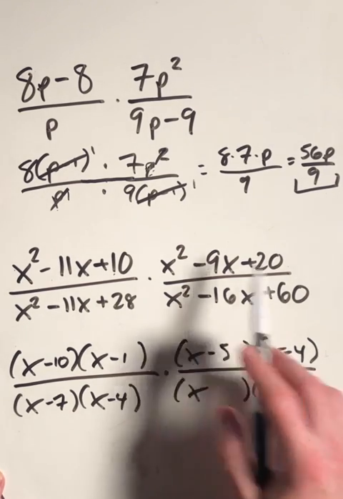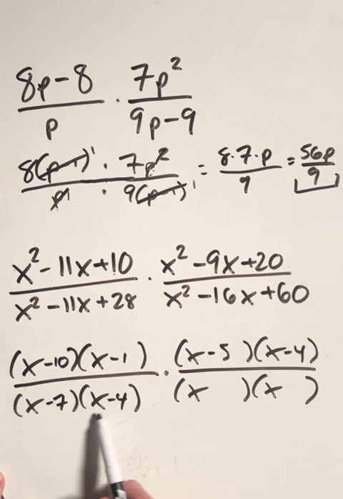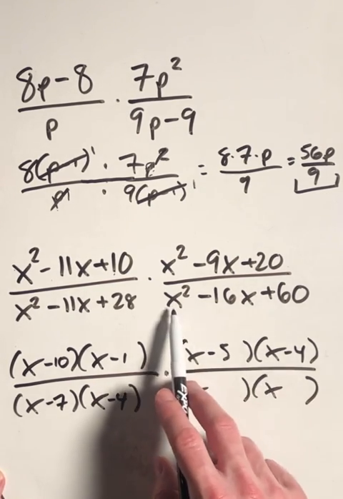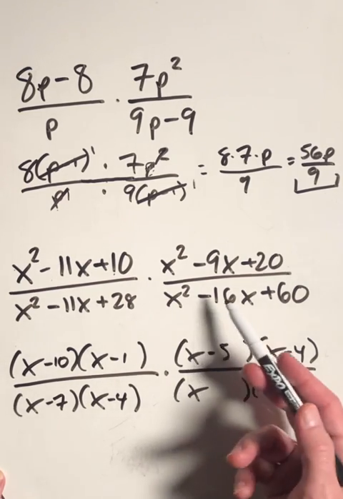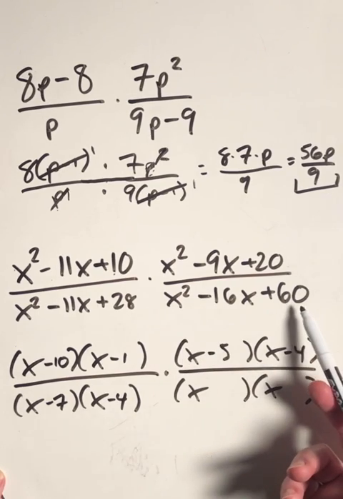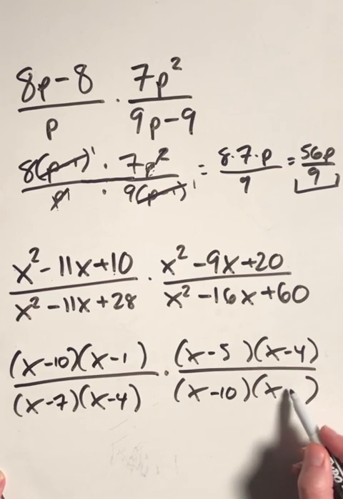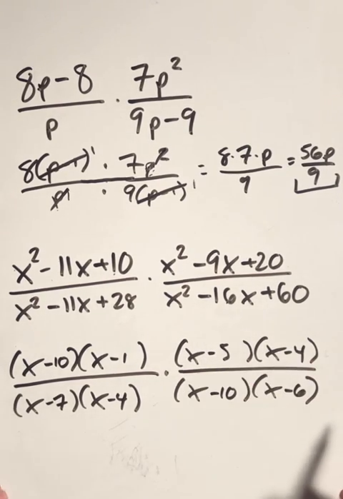Negative 5 plus negative 4 is negative 9. And I can see that the x minus 4 and this x minus 4 over here are going to eventually cancel. Down here, two numbers that multiply to 1 times 60 and add to negative 16. So 10 times 6 is 60, so negative 10 and negative 6. They multiply to positive 60, they add to negative 16.